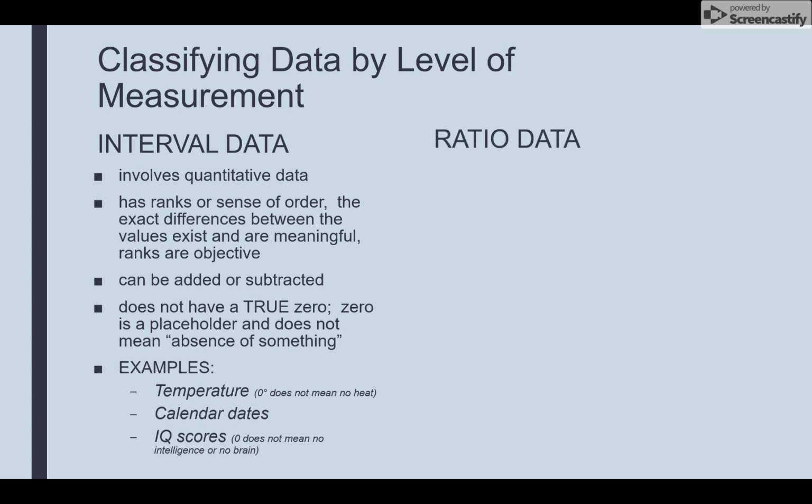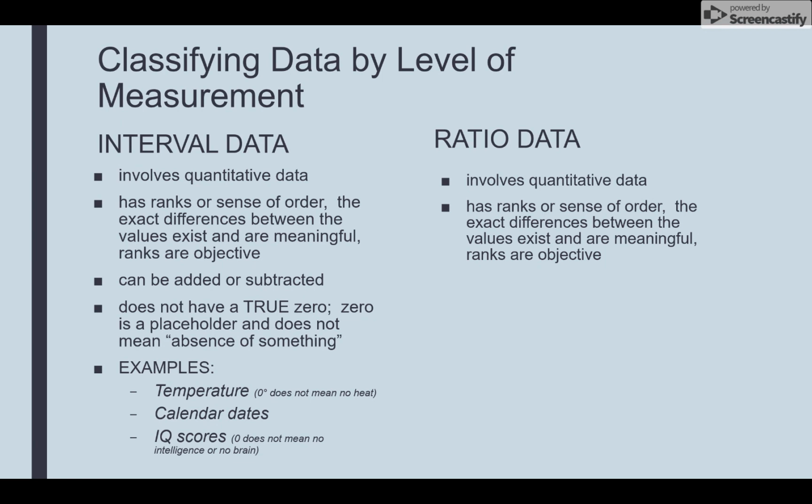Finally, the 4th level is ratio data. Ratio involves quantitative data as well. It has that sense of ranking and sense of order. We can make sense of the differences between the ranks. With ratio data, we can perform the 4 basic operations: add, subtract, multiply, and divide.